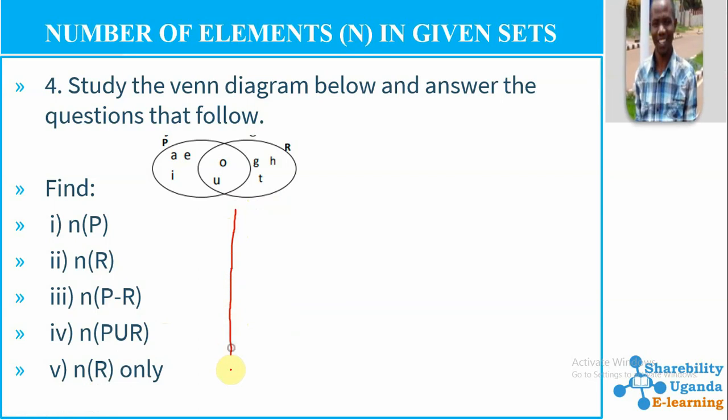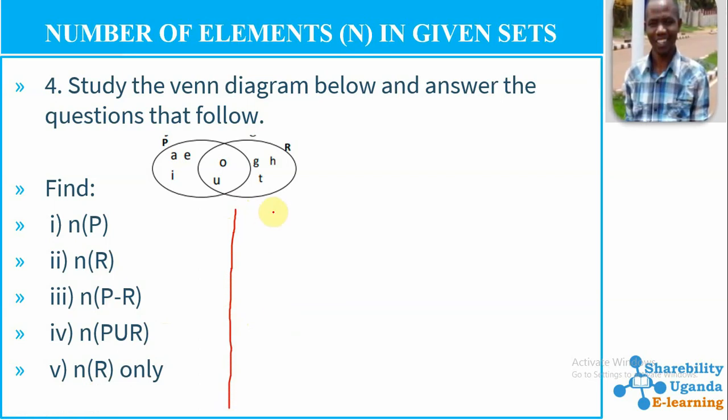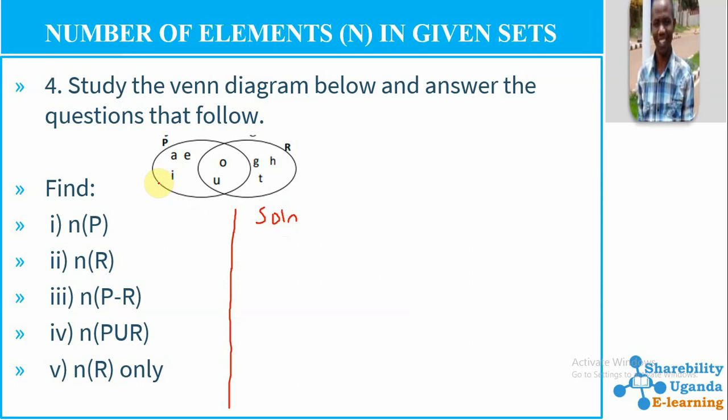Number 1, for us to attempt this question, we have to first identify and see critically in our set what are those members in our set P, and where our set P passes from, where our set R passes from.